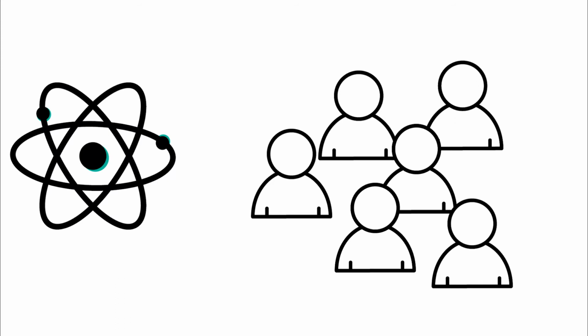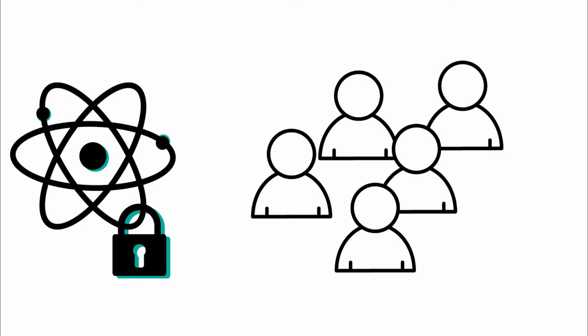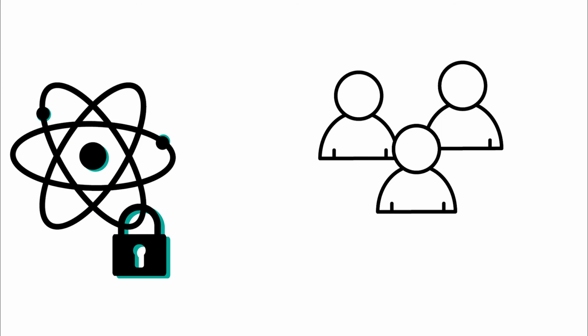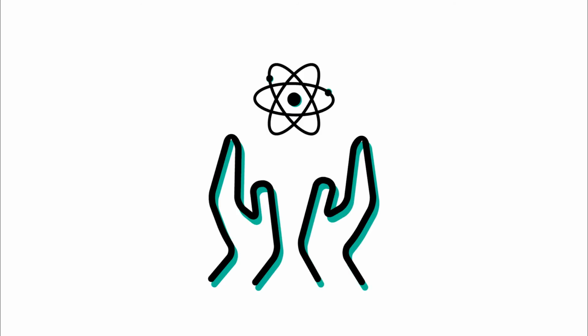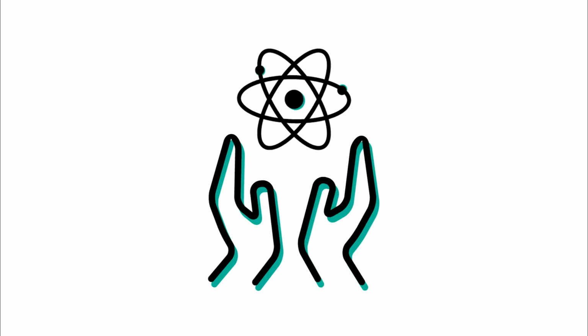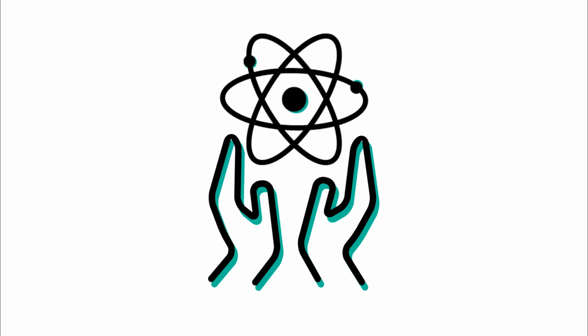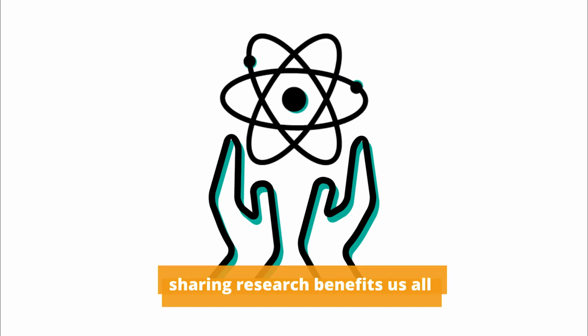If other researchers don't have access to your research, they can't build on it. If people do not have access to your research, this knowledge cannot be used for social benefit. Finally, the fewer people who have access to your work, the less it will benefit you. Turning the system upside down and sharing research freely and openly with everyone will benefit us all.